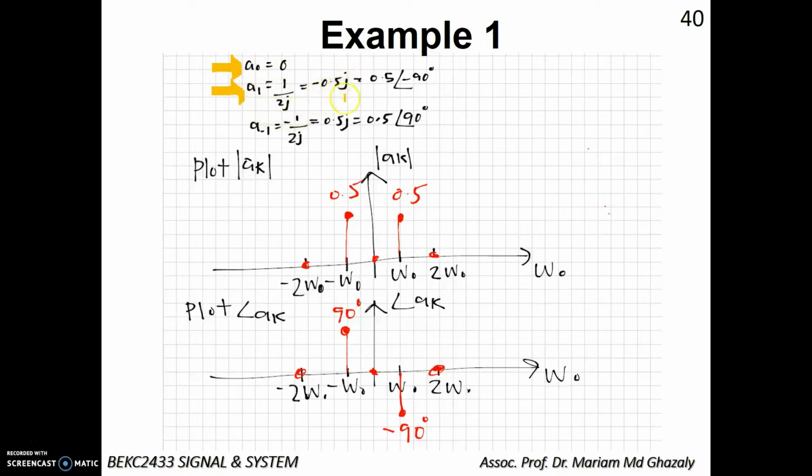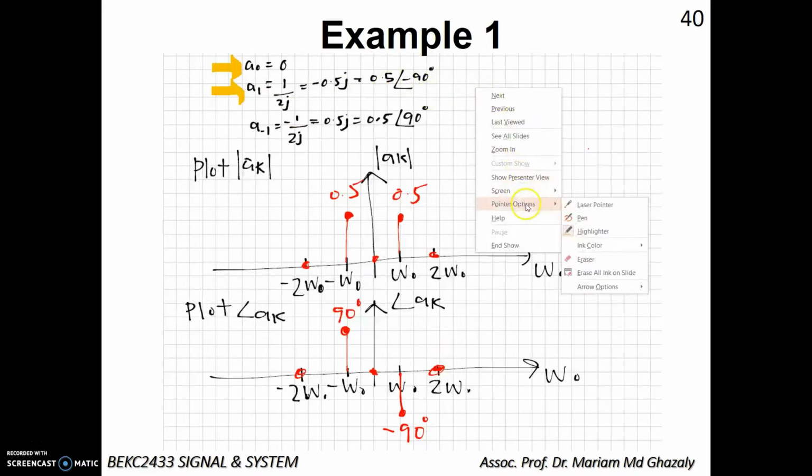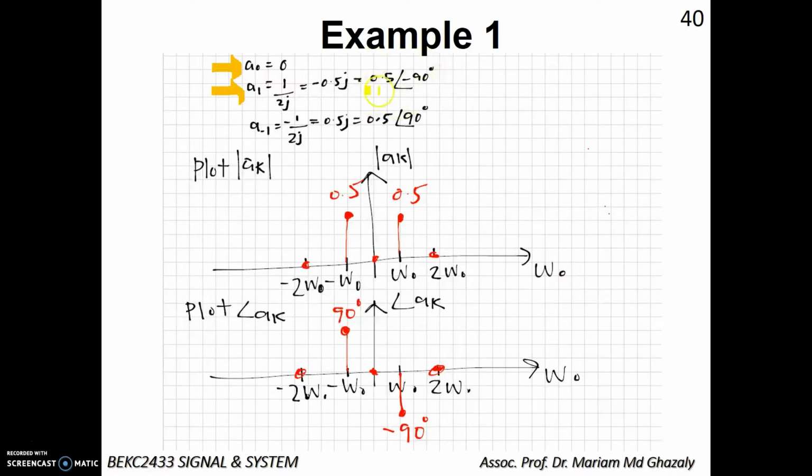So you change it to the complex number, then a1 equal to 0.5 with a phase of minus 90 degrees, and for a minus 1 you will have the value 0.5 with the phase value 90 degrees. So this one is very direct. Now you can directly plot the magnitude and also the phase for ak.